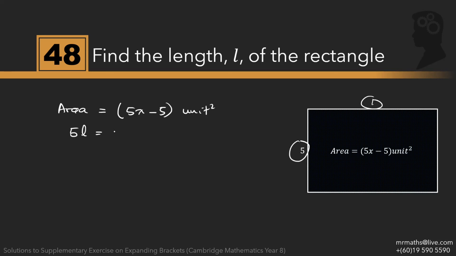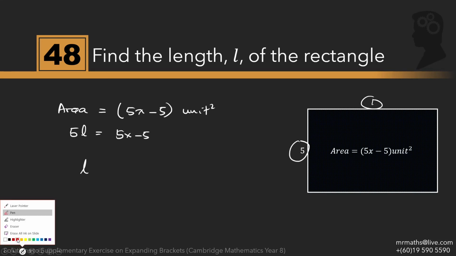This should be equal to 5x plus 5. We want to find out the expression for L, so we're going to get rid of 5 by dividing both sides of the equation by 5. Now 5 divided by 5 equals 1, so we have L only on the left hand side of the equation.